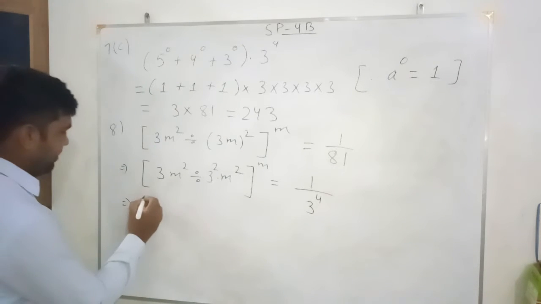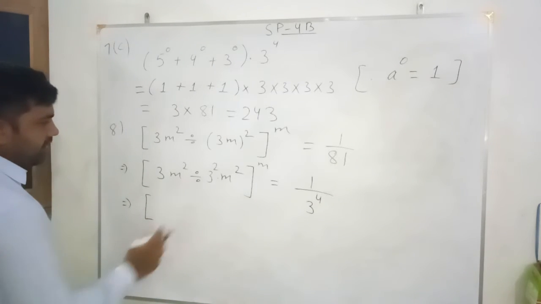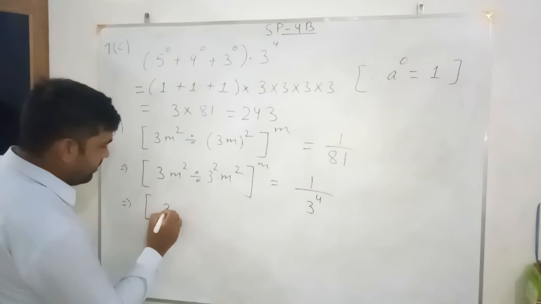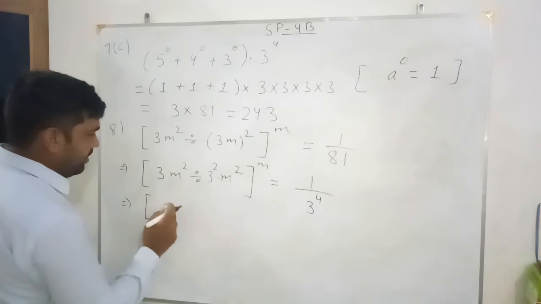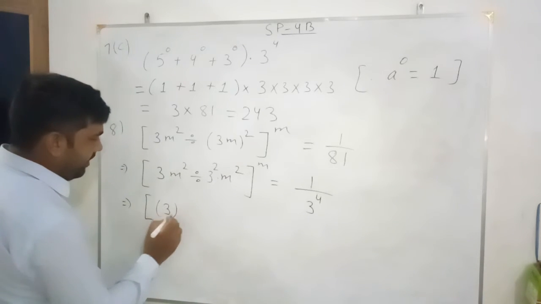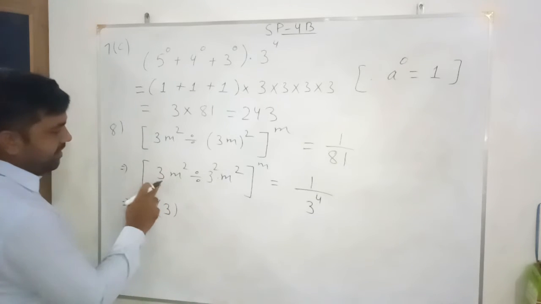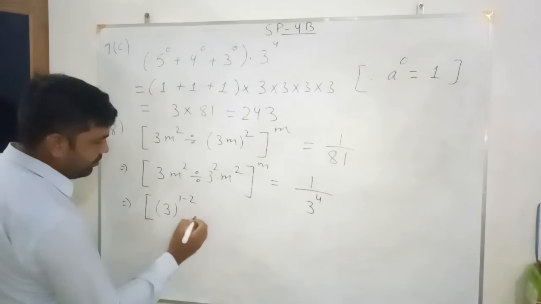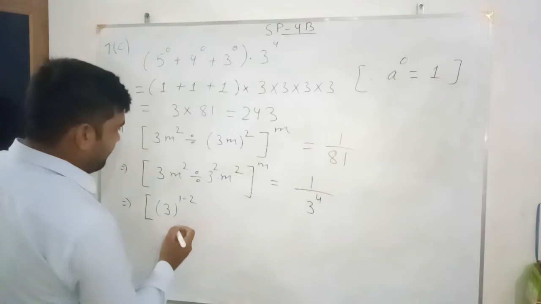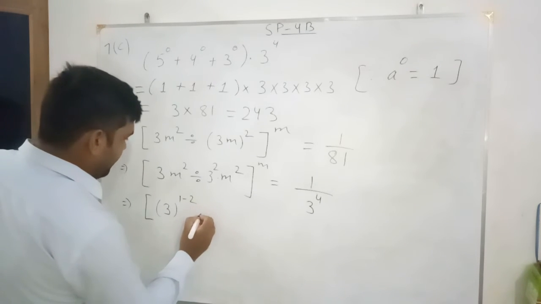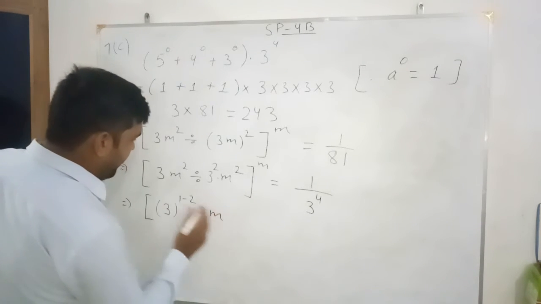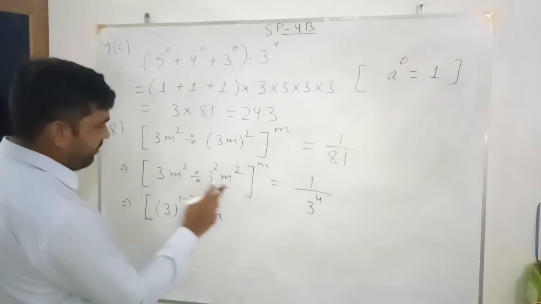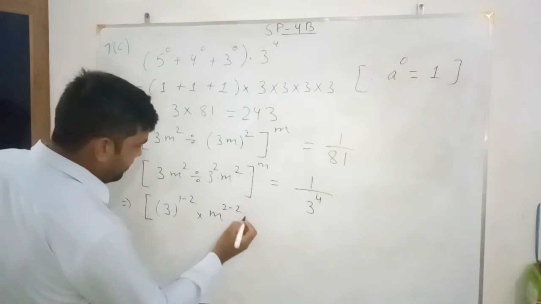Now next, here we take the base 3 common and subtract the power. The power of this base 3 is 1 and the power of this base 3 is 2. So what you can write, 1 minus 2. Next you take the base common m and subtract the power of m, that is 2 minus 2.